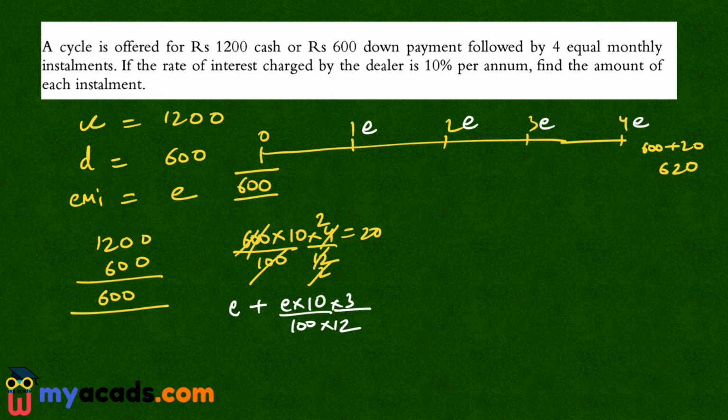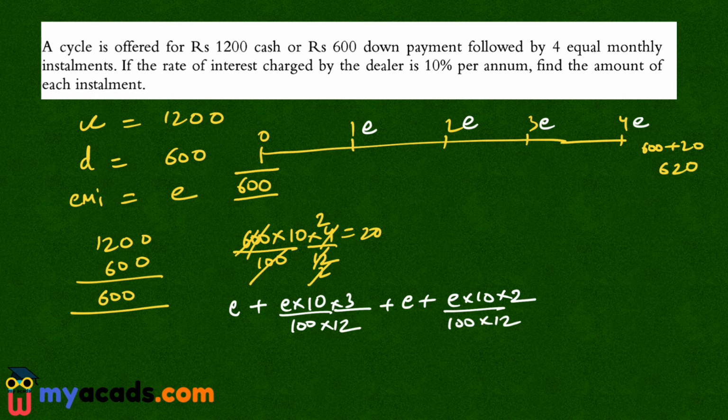Now when I pay the second EMI, the shopkeeper can earn interest for 2 months. So the effective money that I have paid to the shopkeeper is E plus E into 10, and the time period is 2 months, into 100 into 12. Now when I pay the third EMI, the shopkeeper can earn interest for this 1 month.